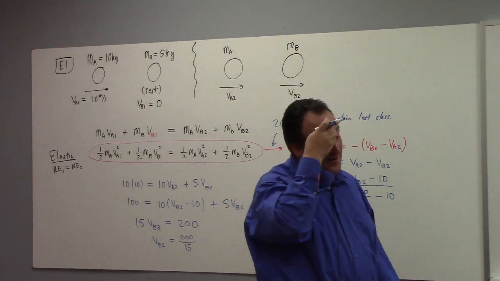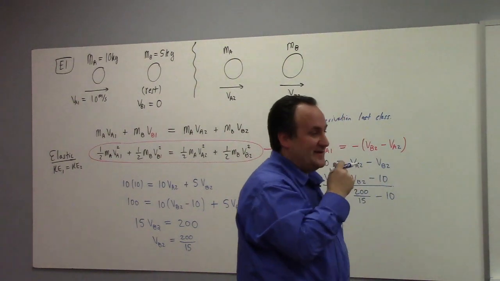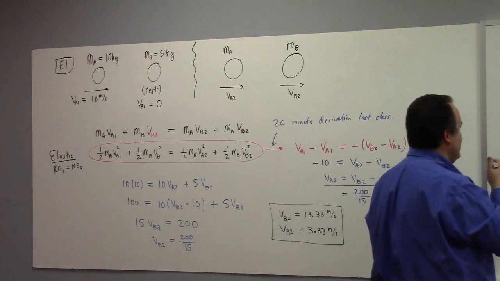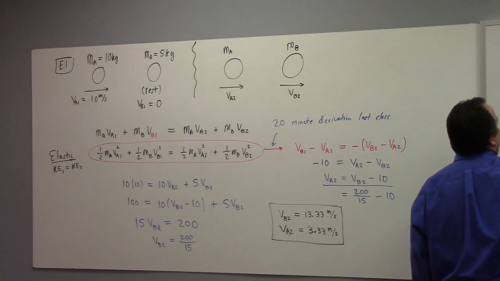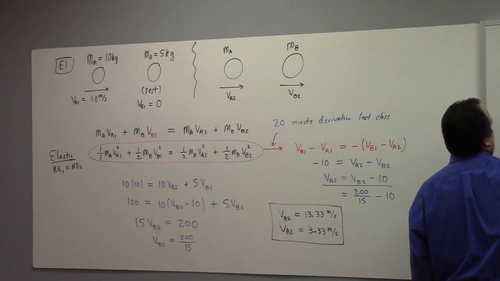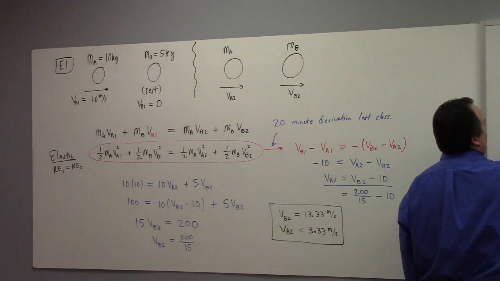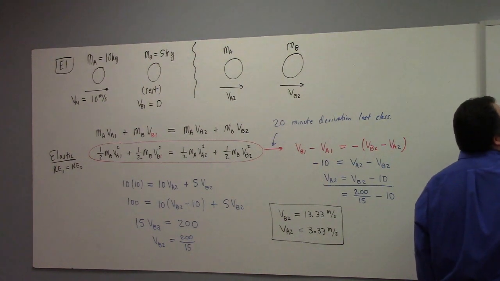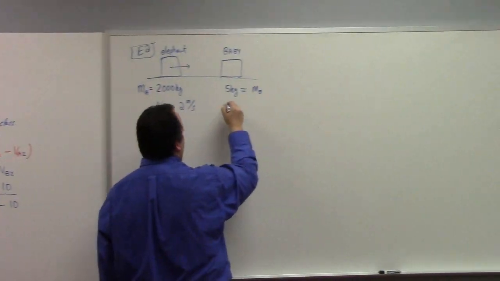This is more realistic. Let's call this one A, and let's call this one B. Let's suppose that the elephant initially has a speed of 2 meters per second, and the baby, of course, is at rest.